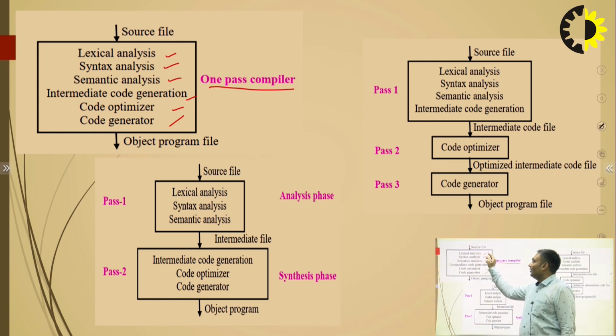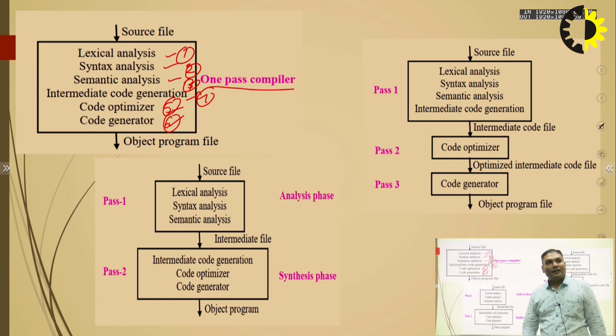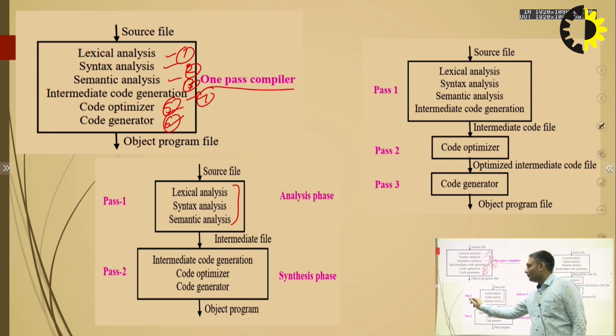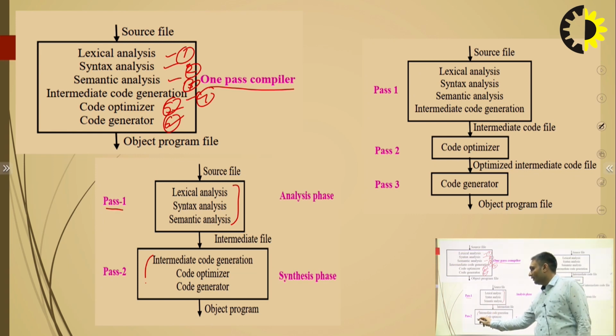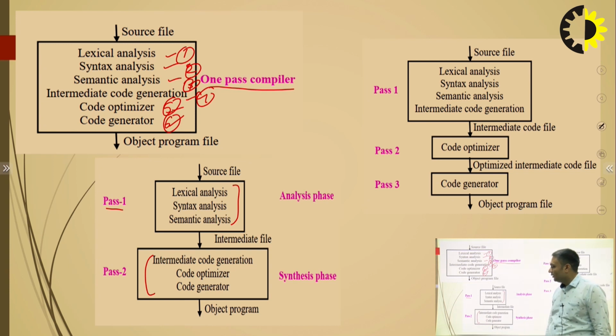Now, when we break these phases into groups, like the first 3 phases as pass 1 and the last 3 phases as pass 2, this is called a 2 pass compiler.